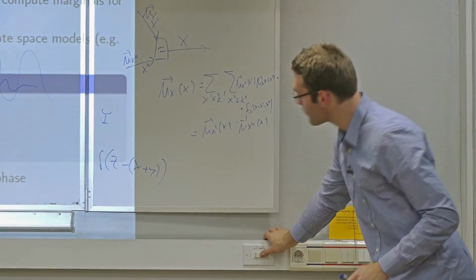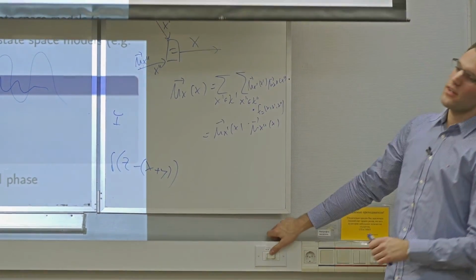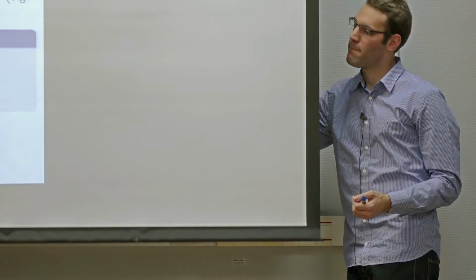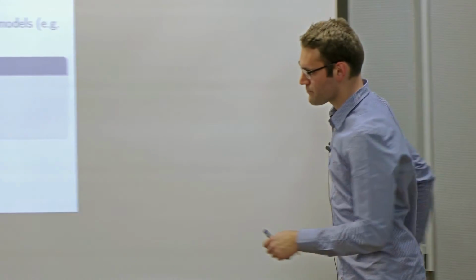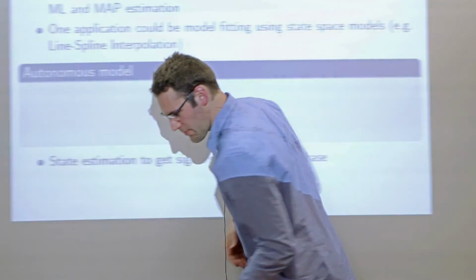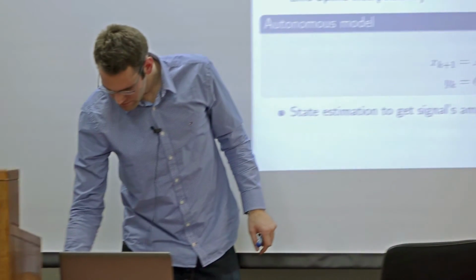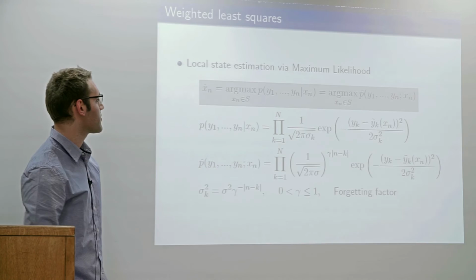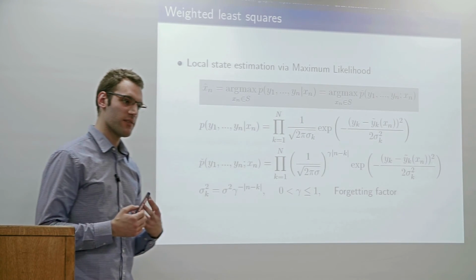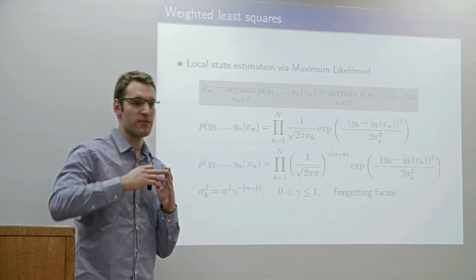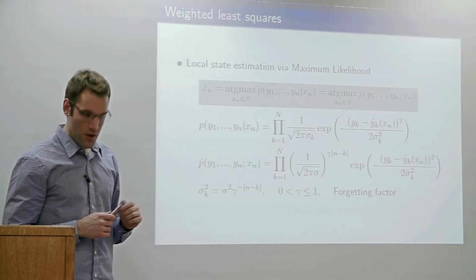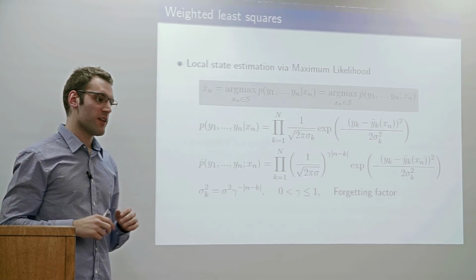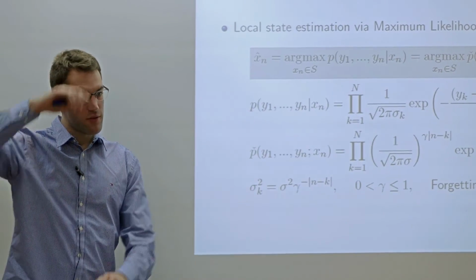So we will introduce the concept of local likelihoods. As I said, the state contains the slope, for instance, in this line fitting model, or in this oscillation, it contains the phase and the amplitude of my oscillation.